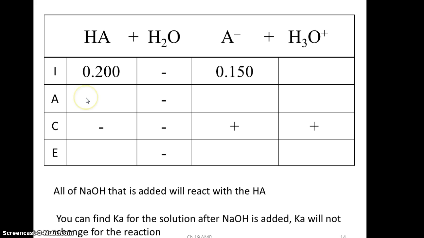Here we're adding the NaOH, so all of the NaOH will react with all of the HA, and it's going to produce some A minus. From that, we can calculate this box and this box. Then we can figure out what the equilibrium concentrations are and add in the changes here. And we know that Ka is constant, so we can use that to help solve the problem.